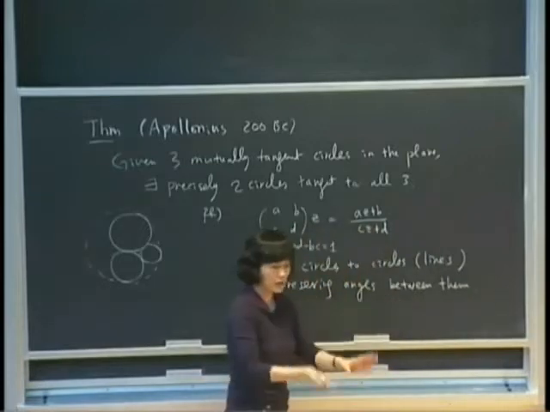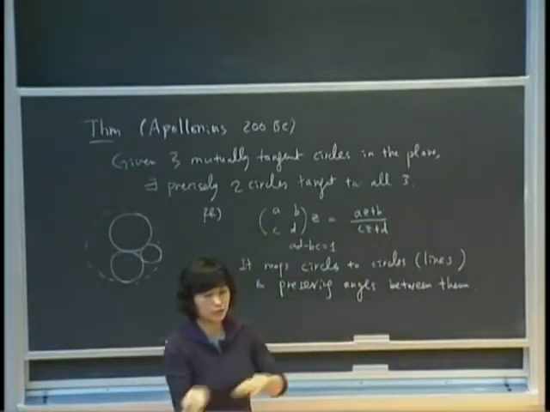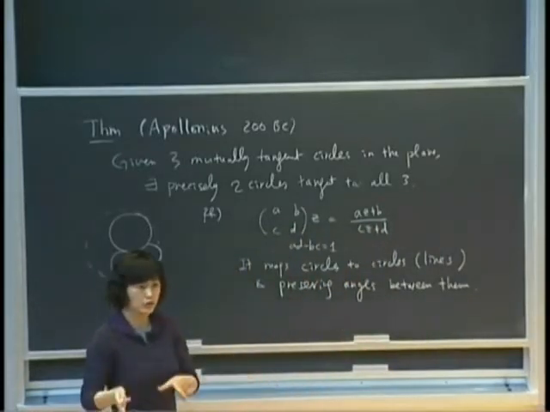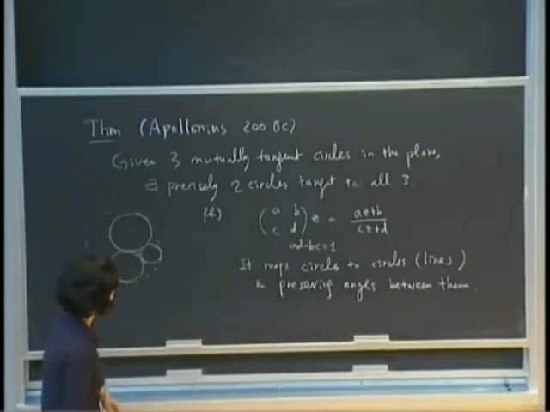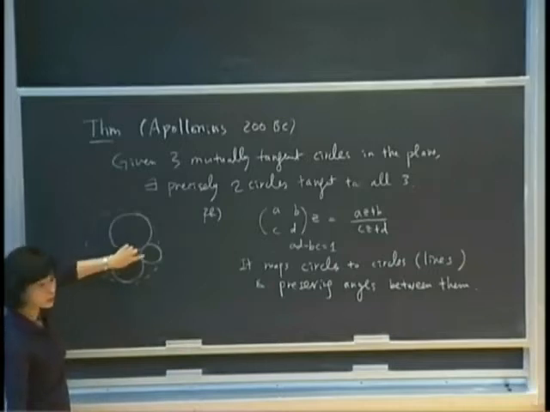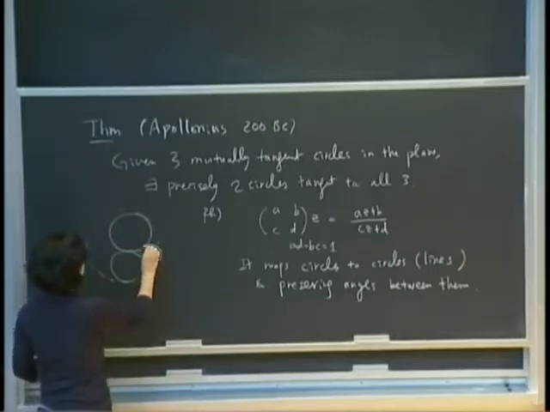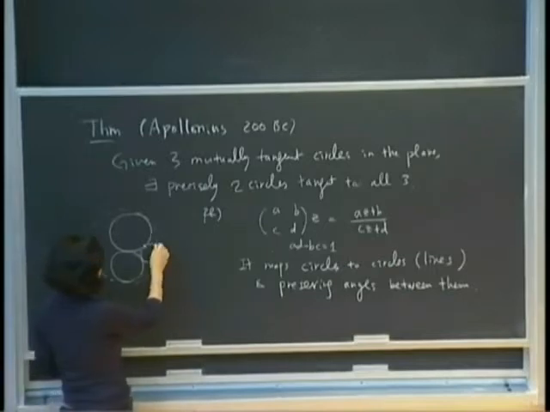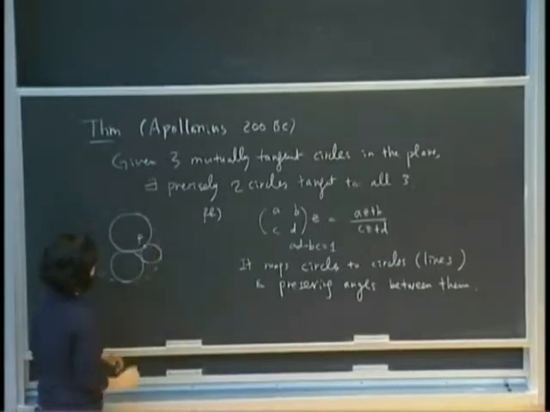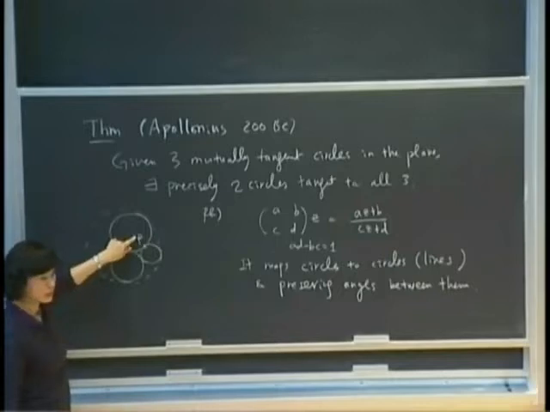In particular, if you have 2 tangent circles, then a Möbius transformation will map them to 2 tangent circles, because it preserves the angles. Now how do I prove that we can draw the 2 circles tangent to all 3? Take an arbitrary tangent point, call it P, and choose a Möbius transformation A which maps P to infinity.